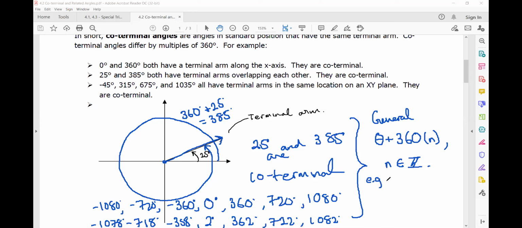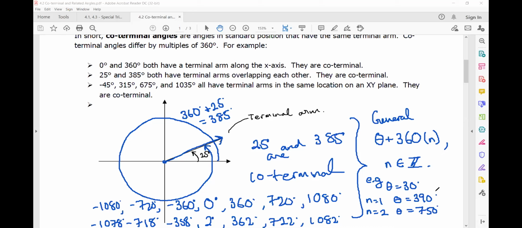For example, if theta is equal to 30 degrees, if n is equal to 1, the angle would be 30 plus 360 times 1. That's 390. If n equals 2, that means 30 plus 360 times 2. So that would be 30 plus 720, that's 750. These are all coterminal.